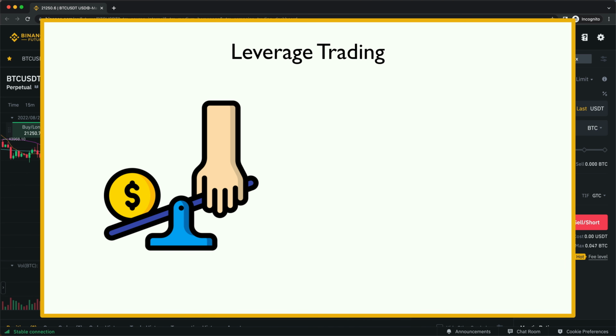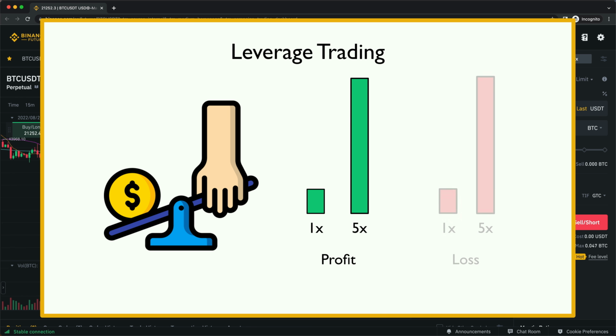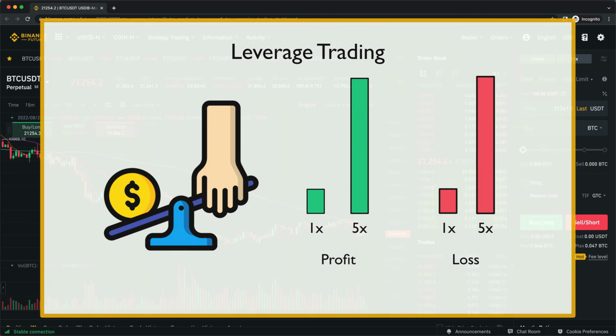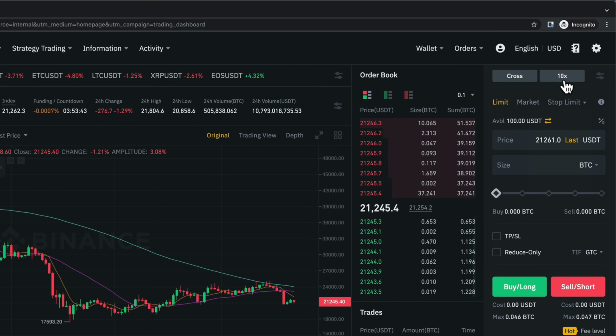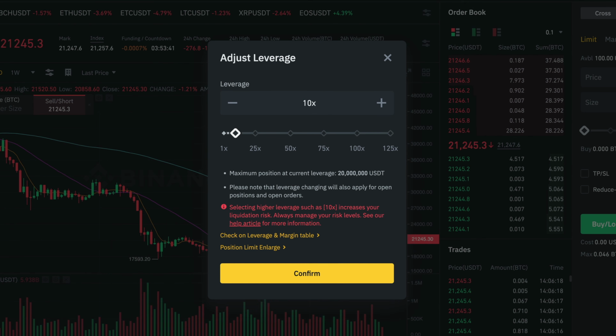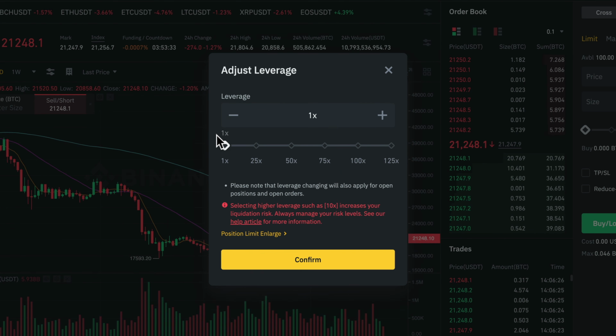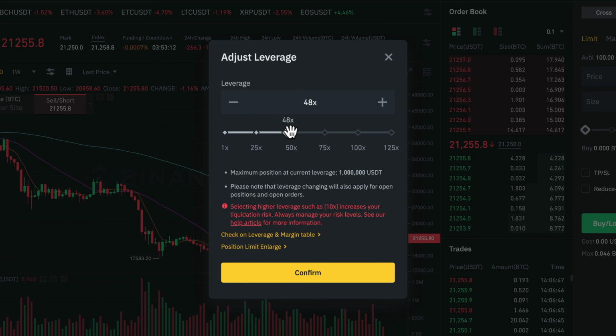Leverage trading is one of the main reasons why people want to trade futures in the first place. Using leverage simply means that we're able to exaggerate our profits, but also our losses. So we can click here to adjust the leverage of our trades. It goes from 1x all the way up to 125x, which is insanely high.